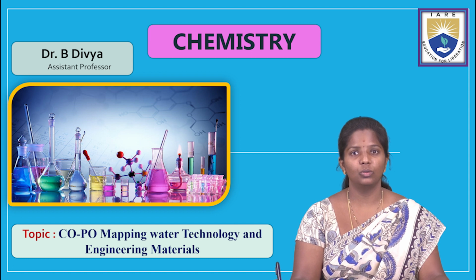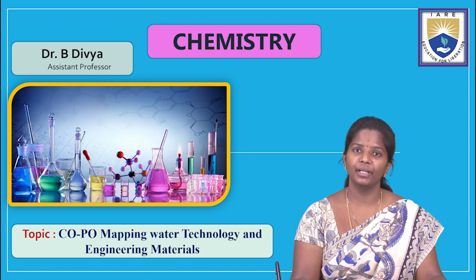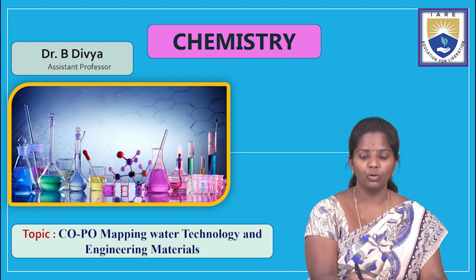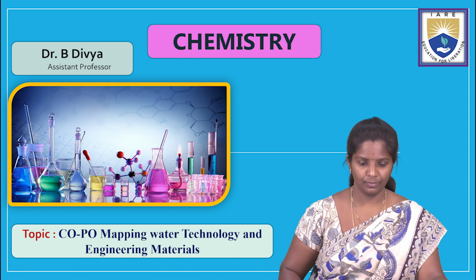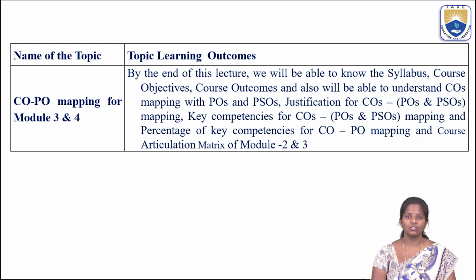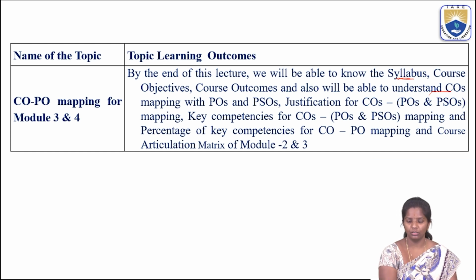Today we will continue the session on outcome-based education for CO-PO mapping for Module 2 and 3. By the end of this session, we will be able to understand the course syllabus, course objectives, and course outcomes, and also the mapping of course outcomes with program outcomes and program specific outcomes.